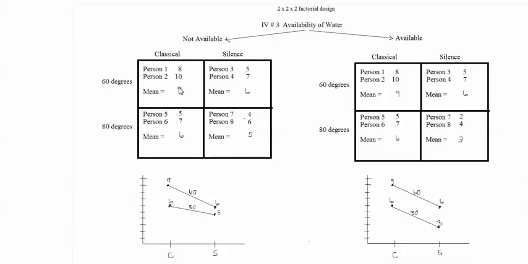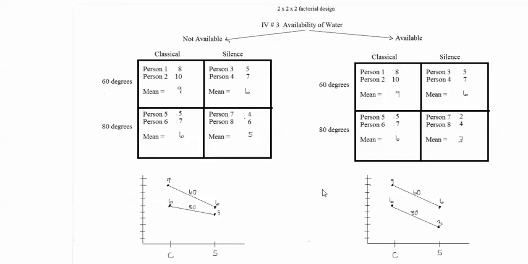Then we make a graph for these 4 boxes over here for when water is not available. And we make the same type of line graph for these 4 boxes when water is available. If this graph is not the same as this graph over here, then we have a three-way interaction.